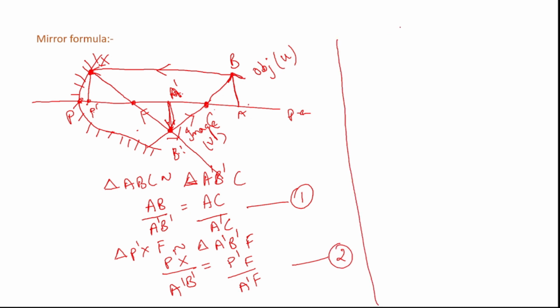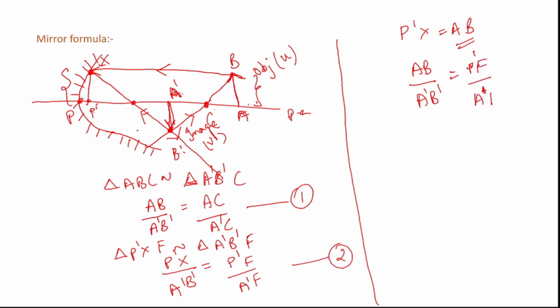Okay. So from this we can say that P'X is equal to AB. So how can we say this? Simply, the object size will be equal to this perpendicular line size, right? So we can say P'X equal to AB. So now we can replace P'X by AB. Right, so AB by A'B' equal to P'F by A'F.